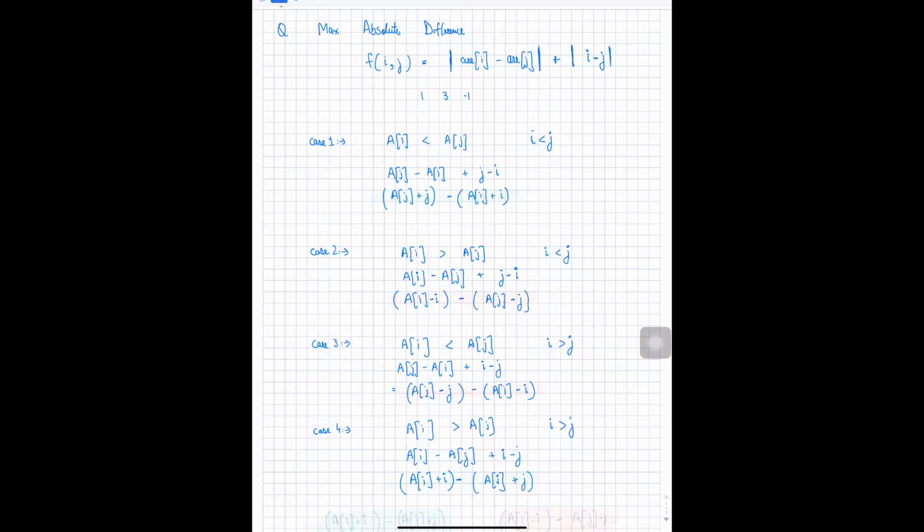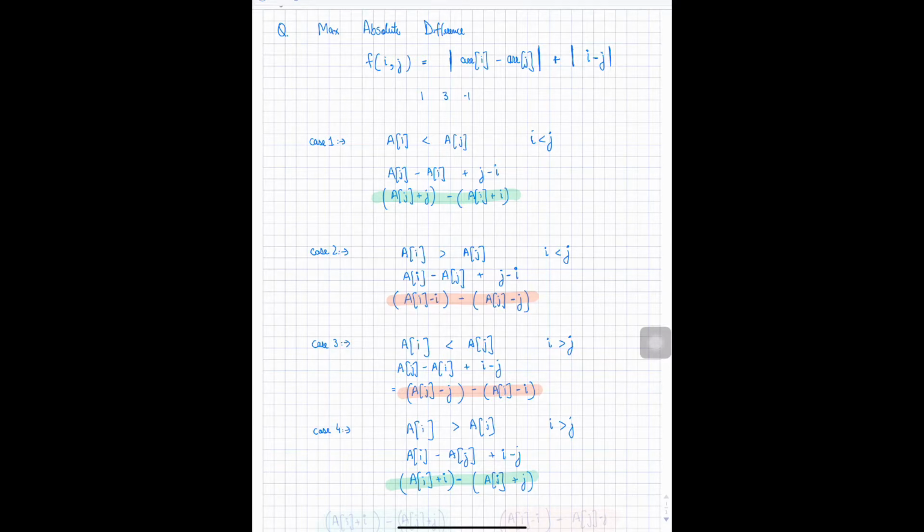Let us see what all 4 values we have. If you consider these 2 values, they are exactly the same, just the positions of j and i are switched. So this is one case. The other two are also just the positions of j and i switched. So in total, we have only 2 possibilities.